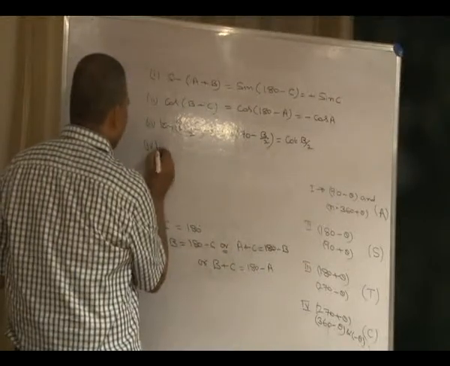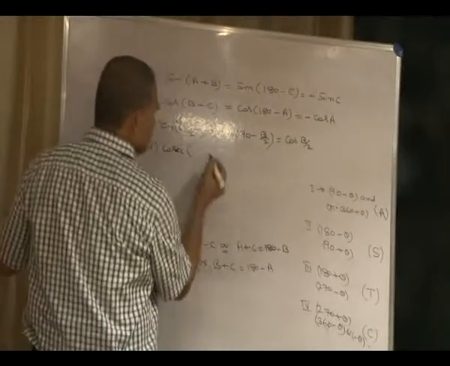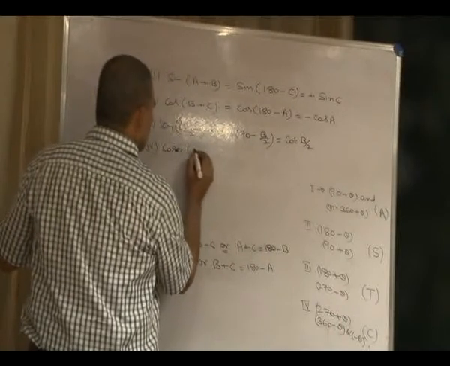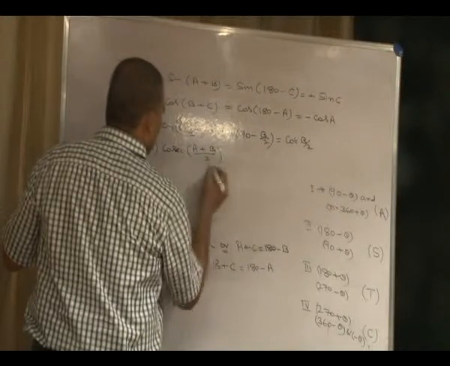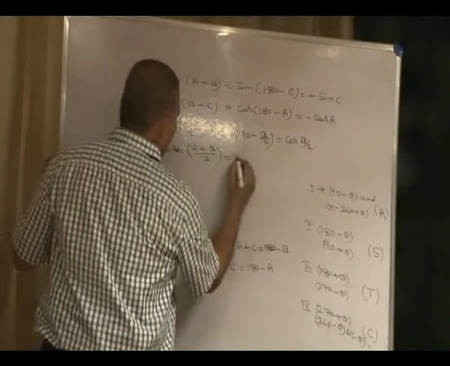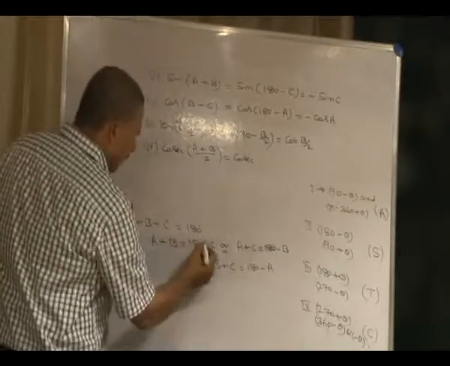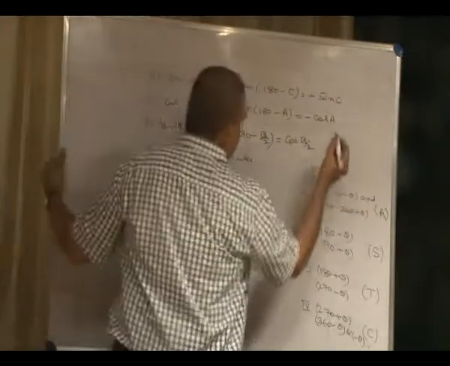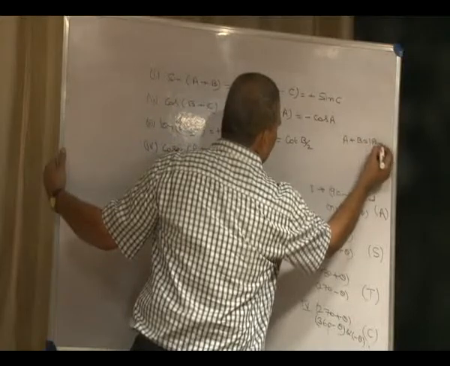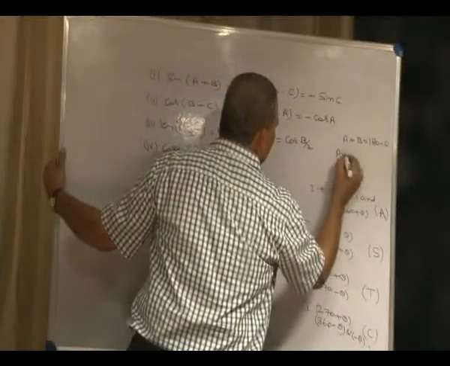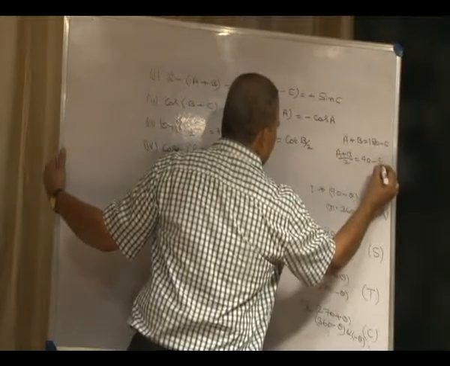Fourth one, cosecant of (A plus B) by 2. Here, A plus B equals 180 minus C. Divide both sides by 2, so (A plus B) by 2 equals 180 by 2, which is 90 minus C by 2.